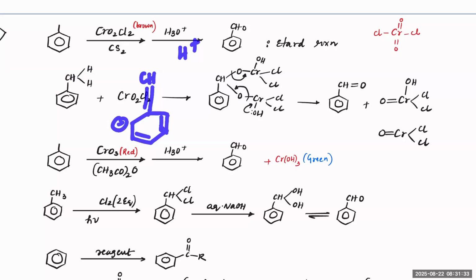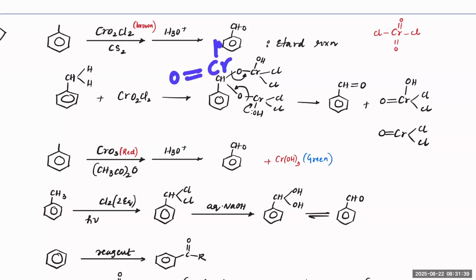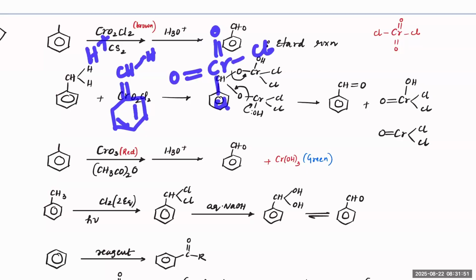Now what happens, oxygen which is having a double bond with chromium here, and chlorine and chlorine here, right? So this pi bond of carbon which is having H and another H plus here, this pi bond of carbon will try to attack on oxygen and electrons will be pushed towards chromium, because chromium is at a very high oxidation state.